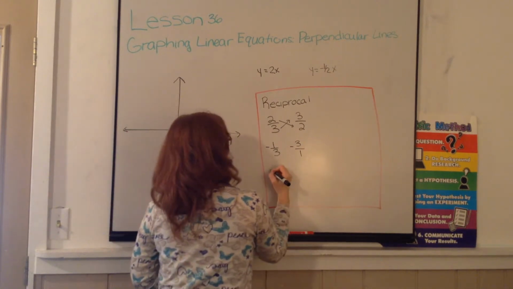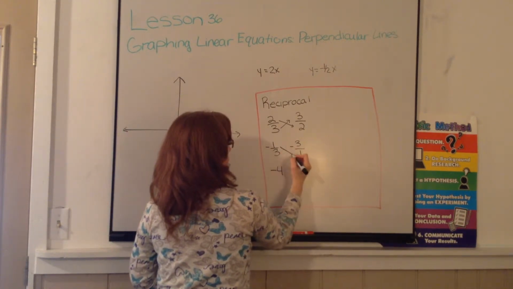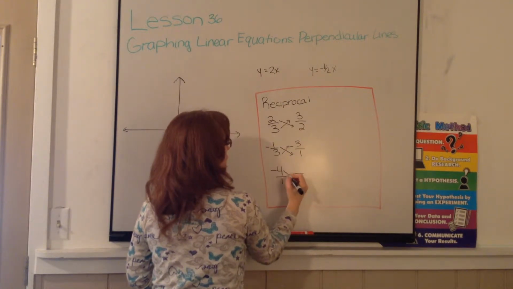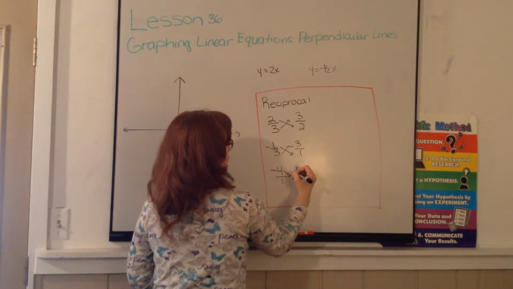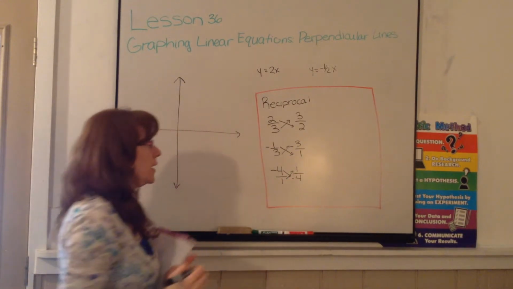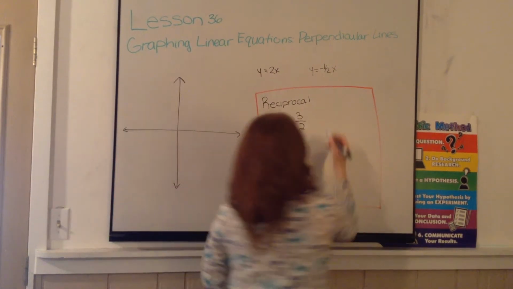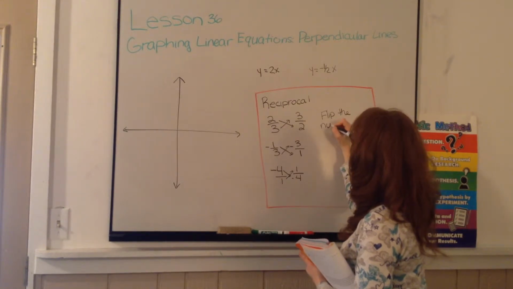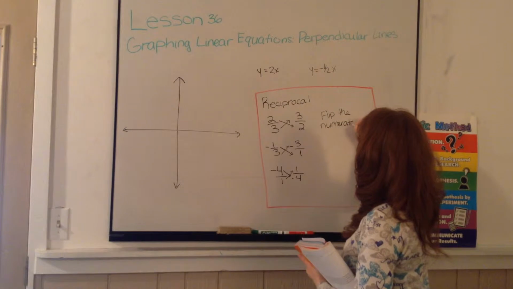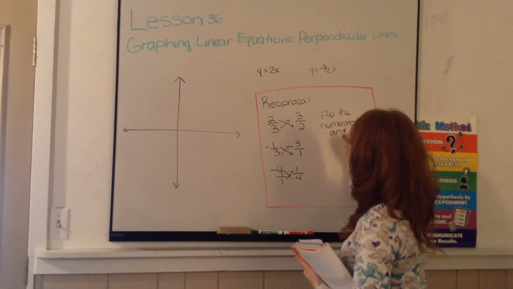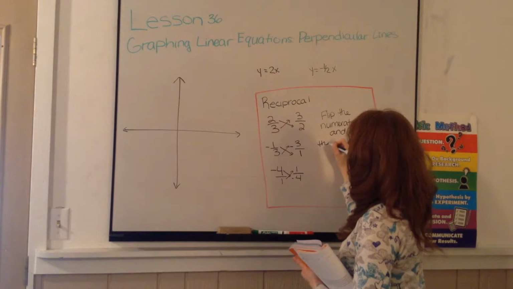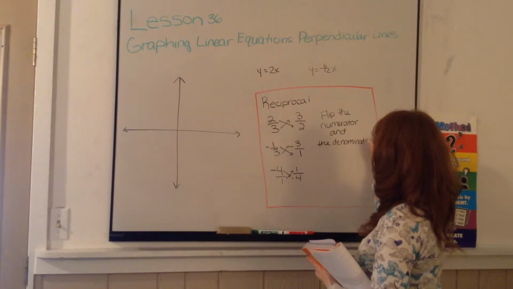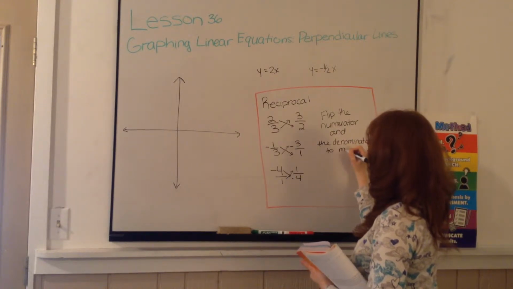If I have -4, we just make that into 4/1, and I would swap it like that. Does that make sense? So we just flip the numerator and the denominator to make a reciprocal.